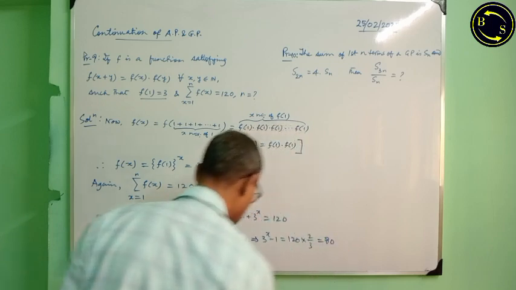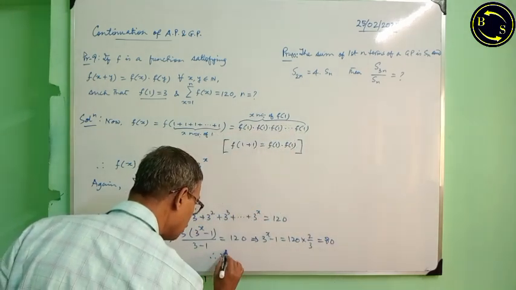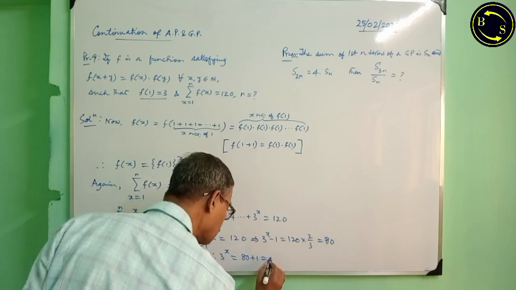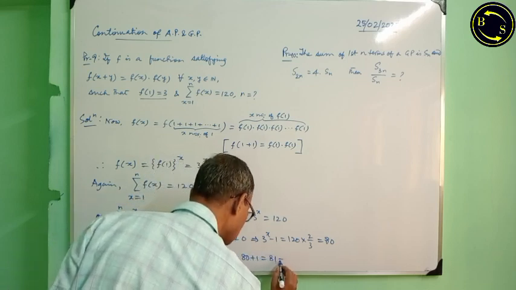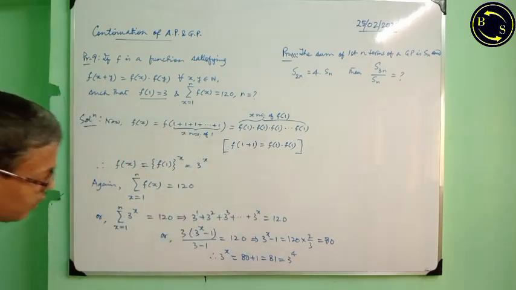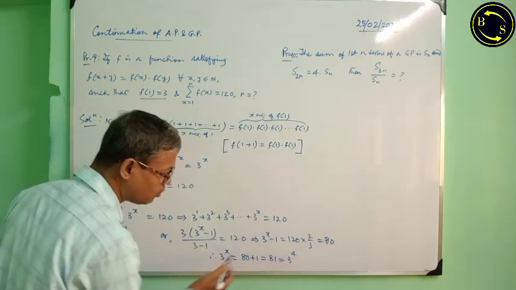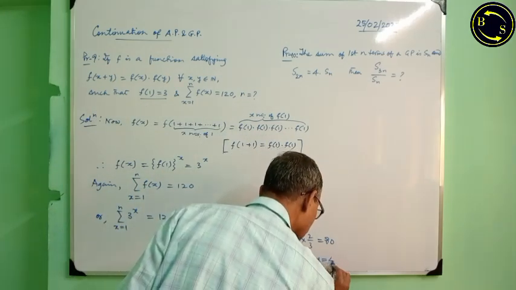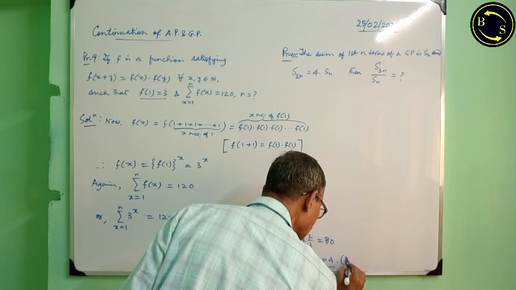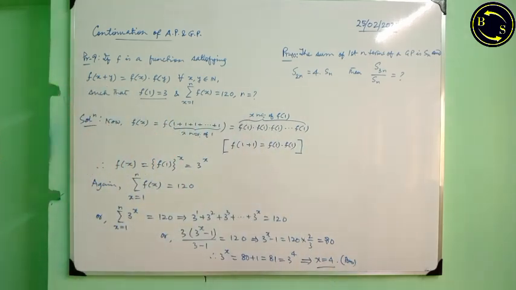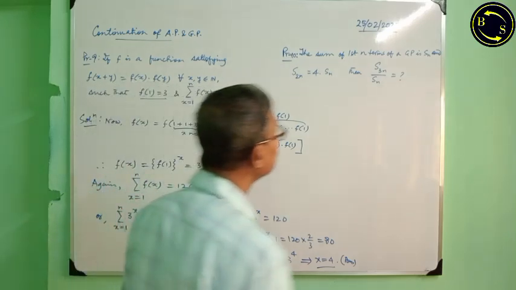Therefore 3 to the power x equals 80 plus 1, that is equal to 81. That means 3 to the power 4. Therefore, we get finally 3 to the power x equal to 3 to the power 4. From that, we get the value of x. This sum is solved. Now we move to the next one.